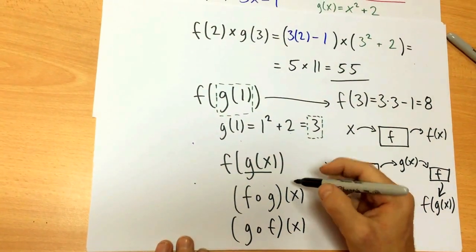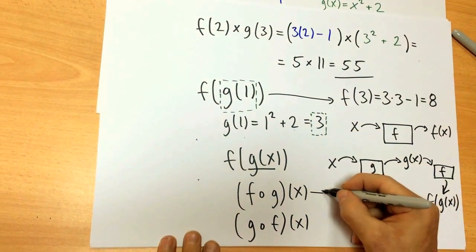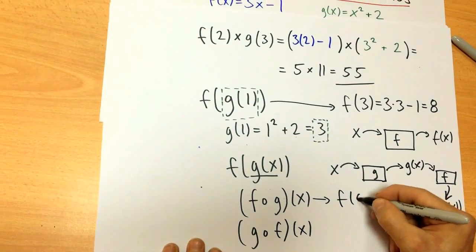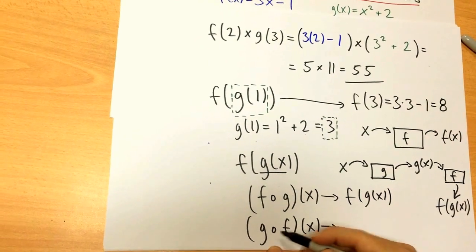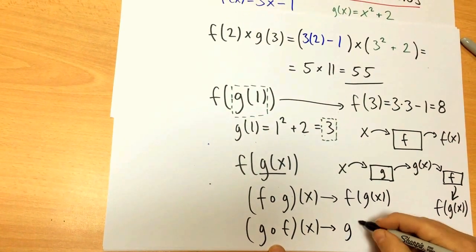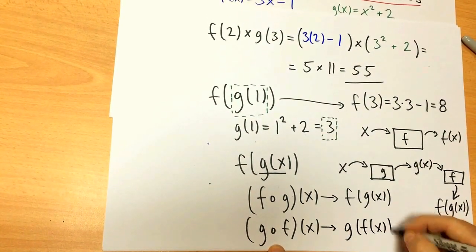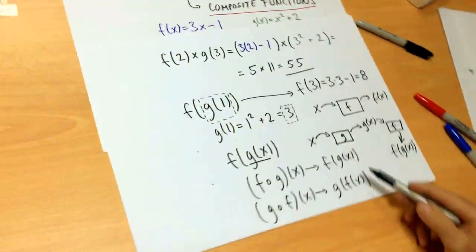This means the same thing as this. So this means f of g of x. And this means, now I have turned it around, I try to be smart here, it's g of f of x. So what I'm doing in math, it doesn't change, but they write this small ball in between the two symbols. It's a different way of writing the same thing.